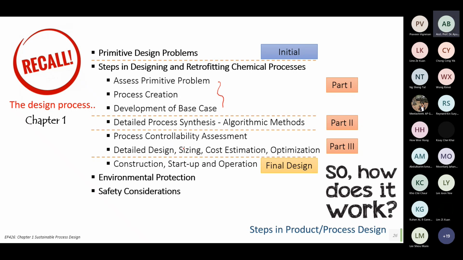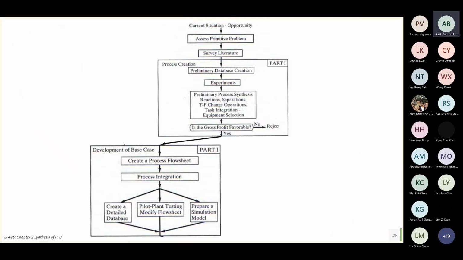Is level important to control or not? Is composition important to control or not? Okay. Then come out with the detailed design, sizing, cost estimation, everything. After you have done parts 1, 2, and 3, only then can you start up your plant. Okay. Now we go into detail on each part.